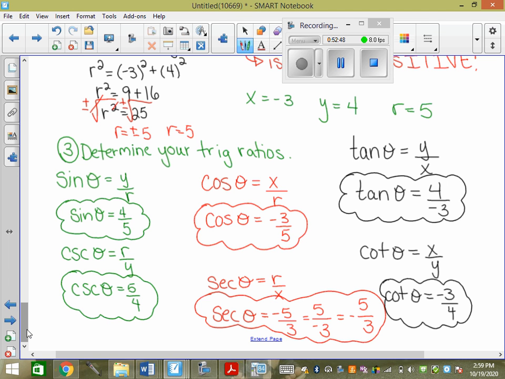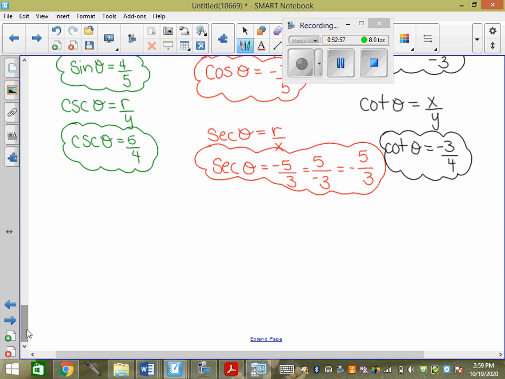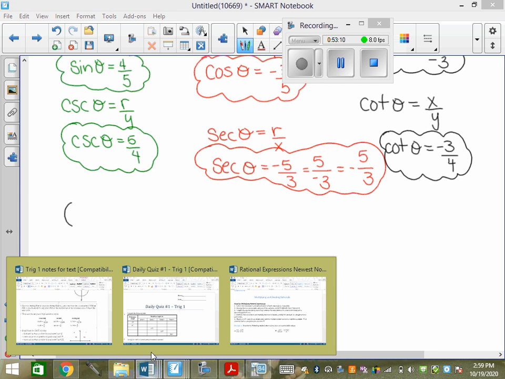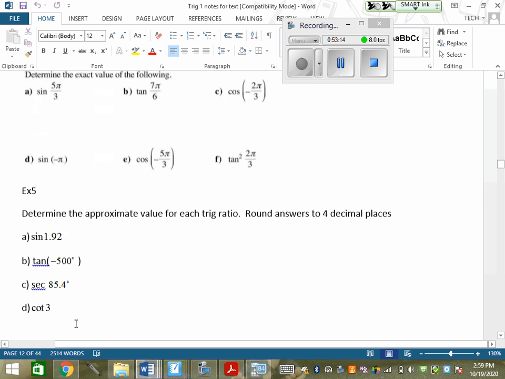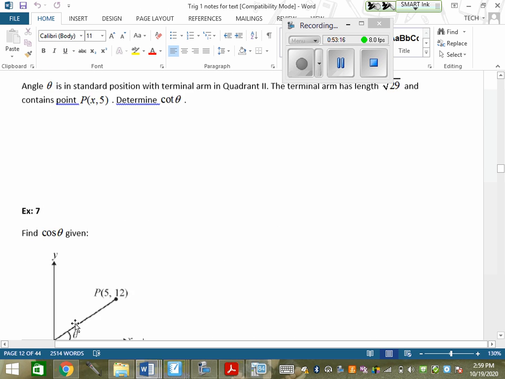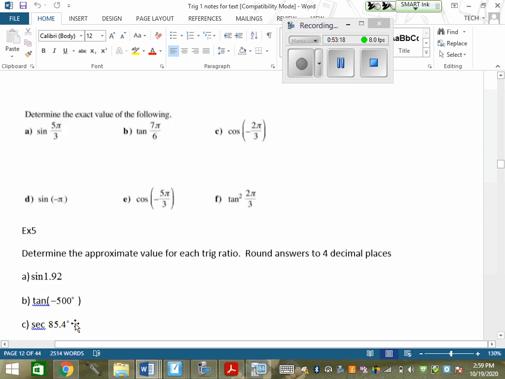Does that make sense? So for your homework, there are two that you're going to do. The one coordinate is 5 and 12.